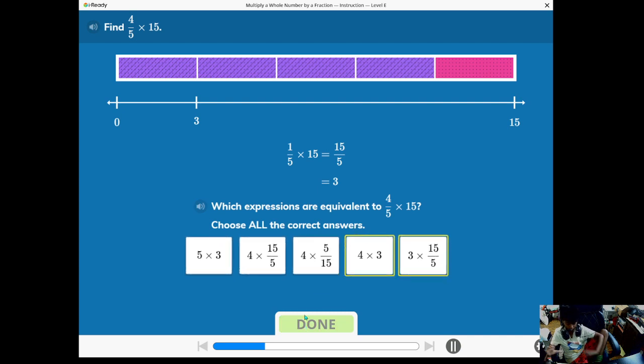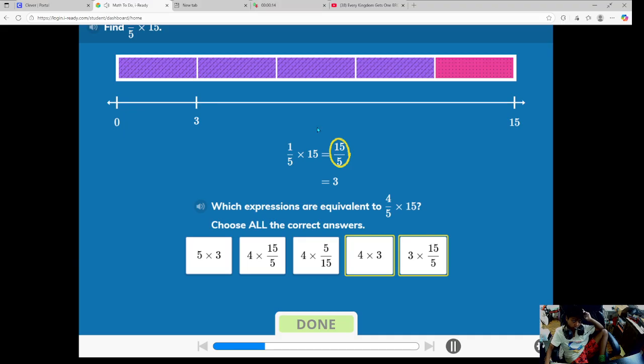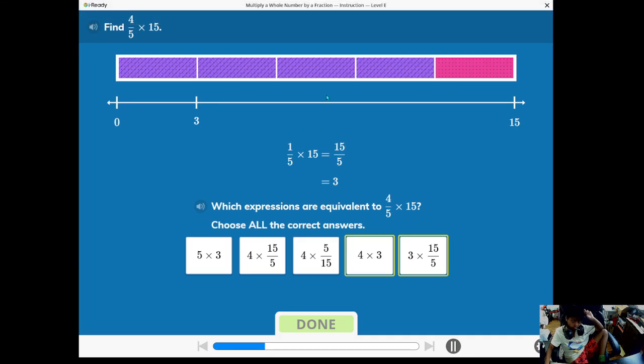Remember, 1/5 times 15 equals 15/5, and 1/5 times 15 equals 3. You need to find all the expressions that are equivalent to 4/5 times 15.